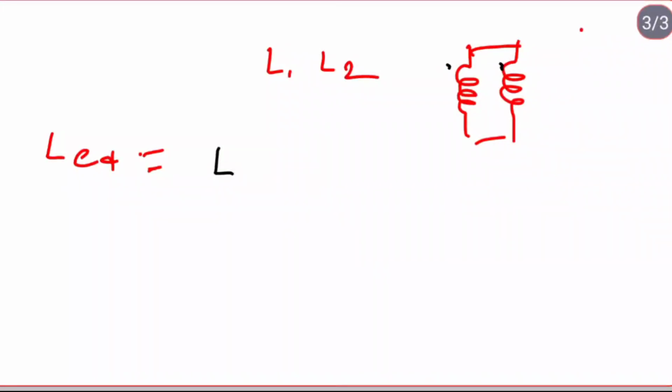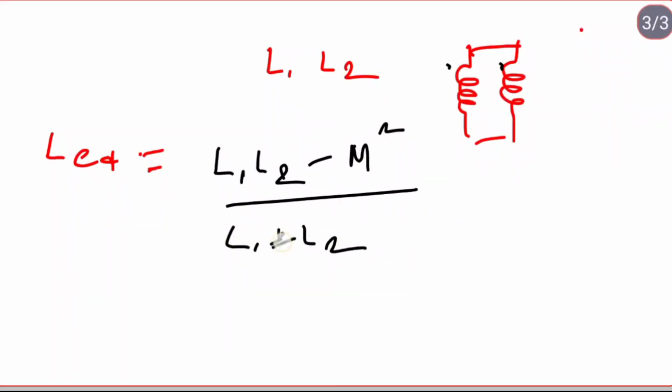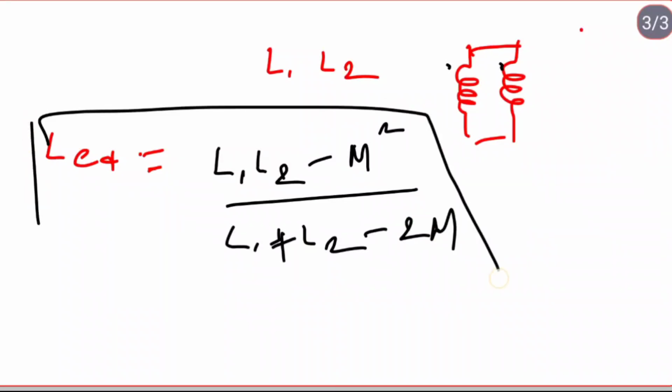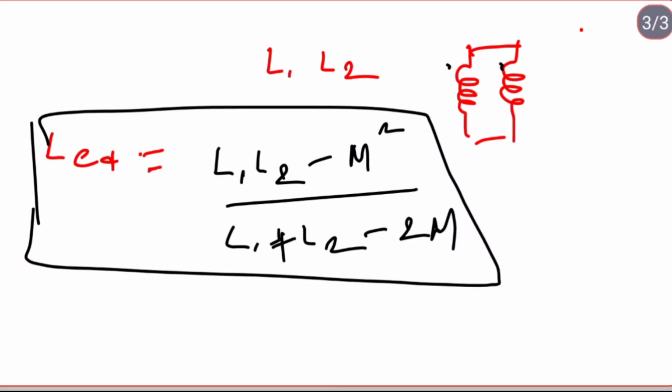L equivalent equal to L1 L2 minus M square divided by L1 plus L2 minus 2M. This is the parallel aiding inductance. When coupled in parallel opposing, if you connect like this, this flux is in this direction and this flux is in this direction, then what we have to remember is plus, here it is plus.